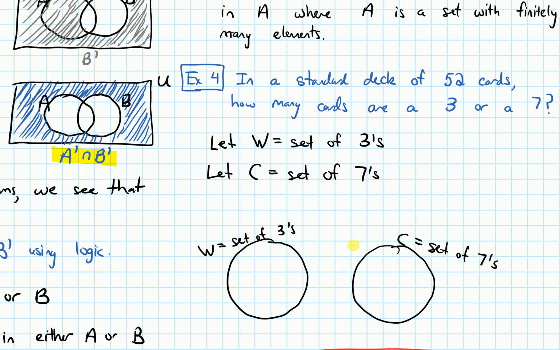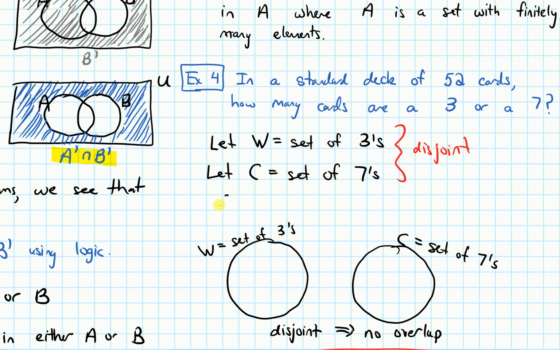Because there's no card in the deck that's both a 3 and a 7. You can't be both numbers at the same time. So these two circles are disjoint. These sets are disjoint. There's no elements in common. And I can see that visually, there's no overlap. All right, so W and C here, they are disjoint.